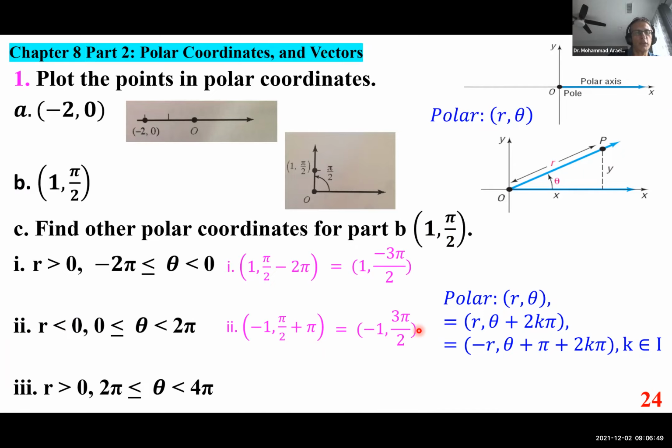We want it to be between 2 pi and 4 pi. Let's add 2 pi to pi over 2. And I hope you realize this pair, 1 comma pi over 2, can be represented by those 3 different ones. The last one is 1, 5 pi over 2, meaning this is not unique. And that's important to understand.